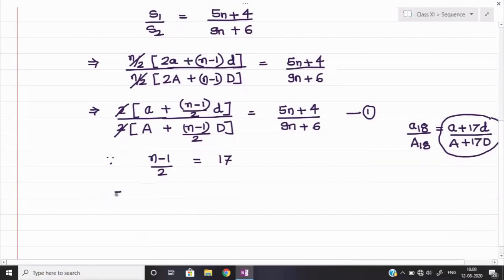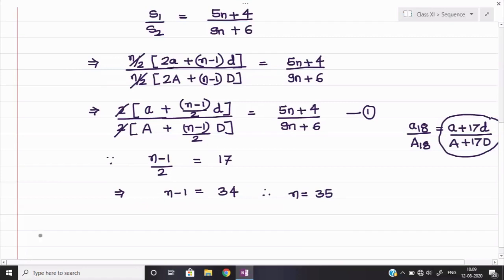The only difference is that that was a higher order thinking skill question, and now it is a regular question for you. Now we can say that n minus 1 will be equal to 34, and therefore the value of n will be equal to 35.